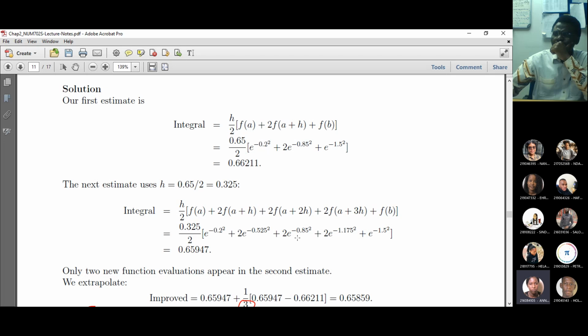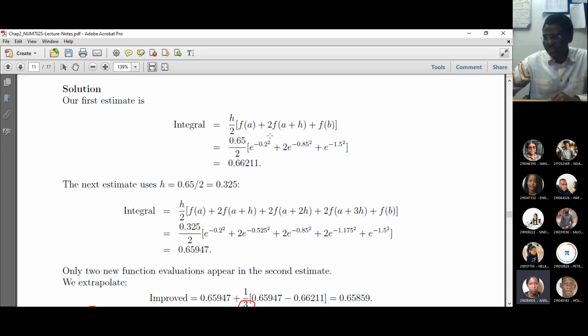If I compare that with the second one, why do we have different numbers there, like plus 2 e to the power negative 0.525 and 2 times e to the power negative 0.852 squared? This one? The other one, go back. Here? Yeah, that one and the second formula.